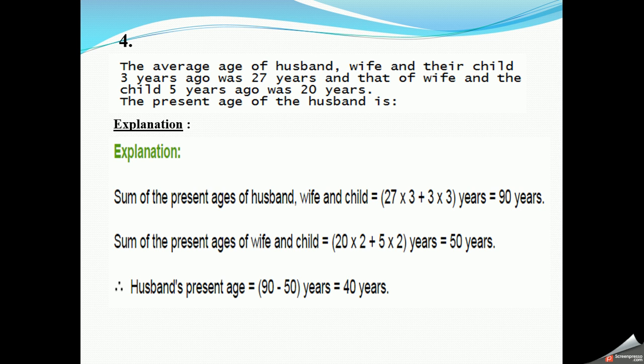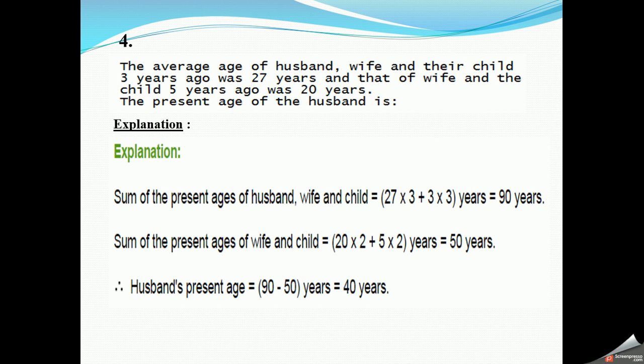To get the present age of husband, wife and child, we add 3 multiplied by 3, because there are 3 members and 3 years have passed. So we make the calculation and get the answer 90 years.